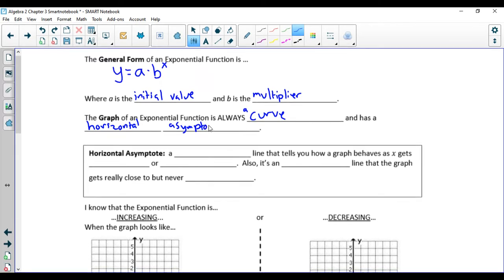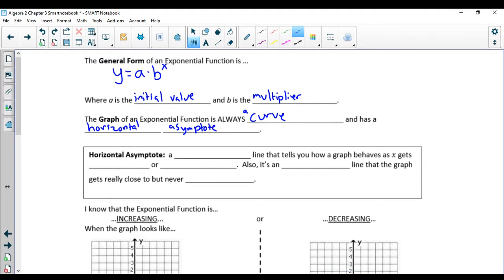So that is a new word for us. And if you look below here, we have our definition of a horizontal asymptote.